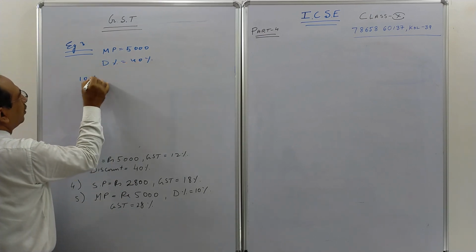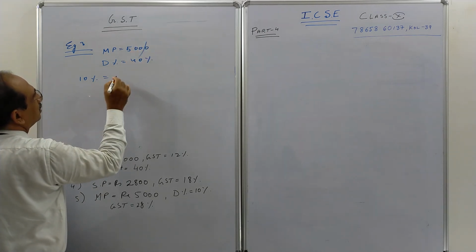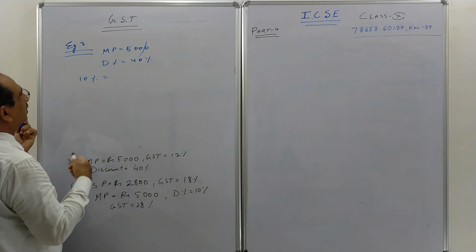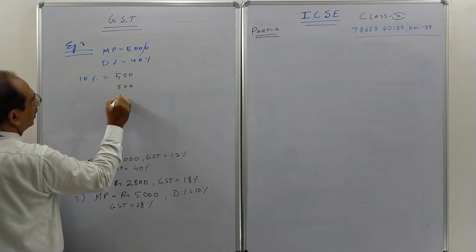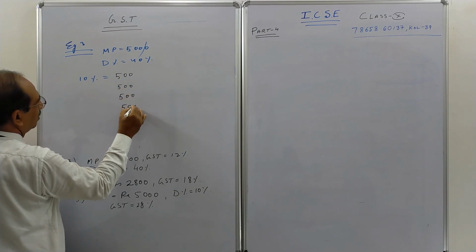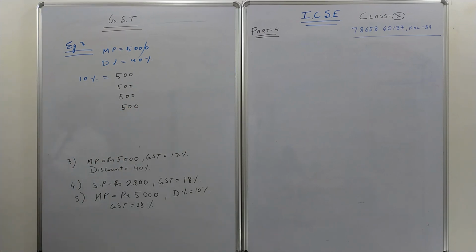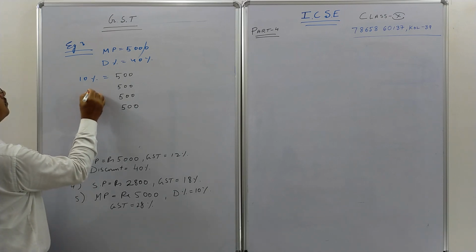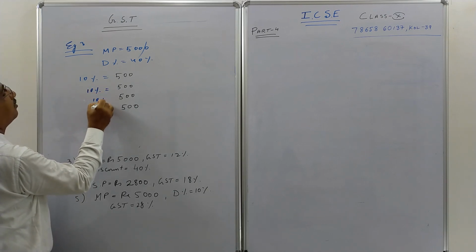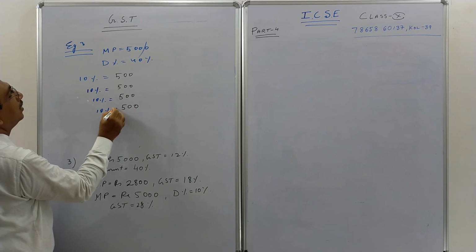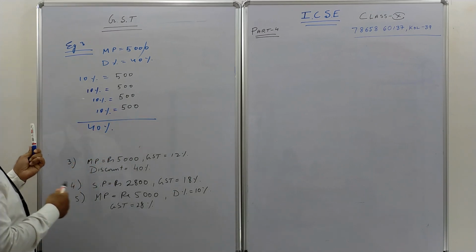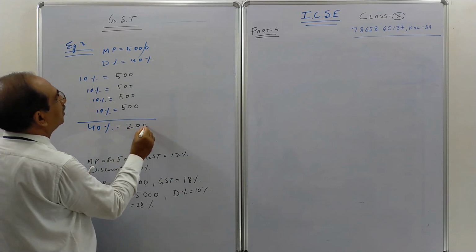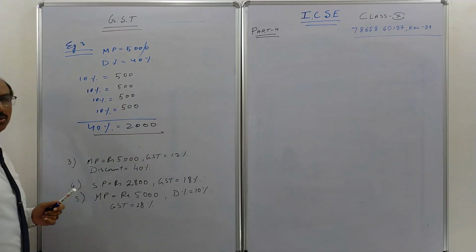So 10% is, remove a zero, 10% is 500, another 10% is 500. So we get, children, 40% of 5,000 is 2,000. You can do it by the traditional method also.